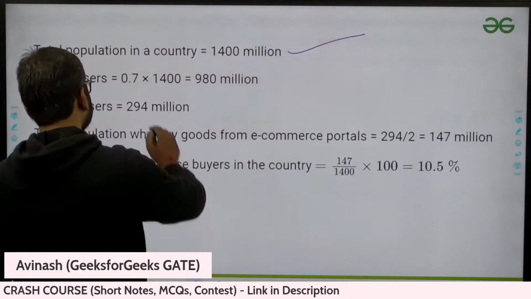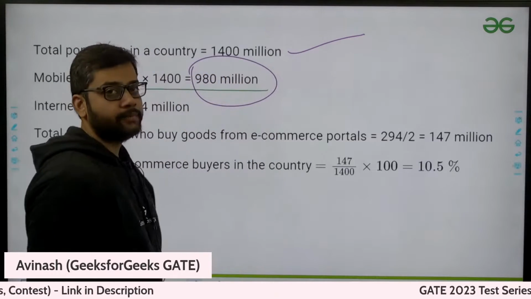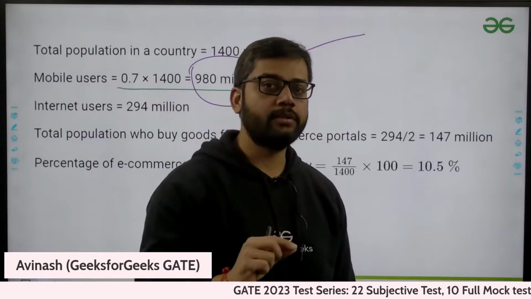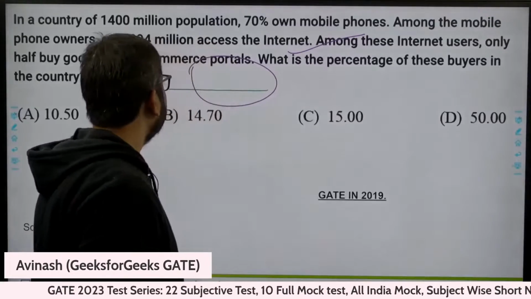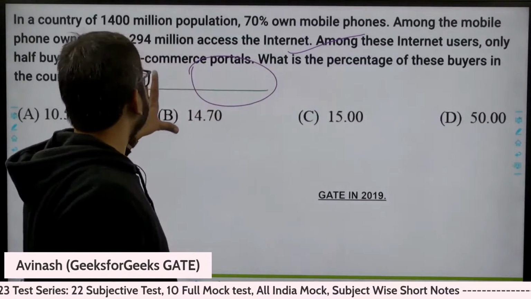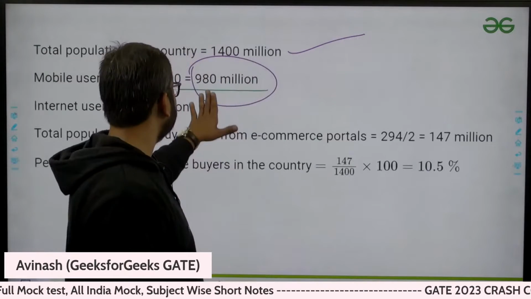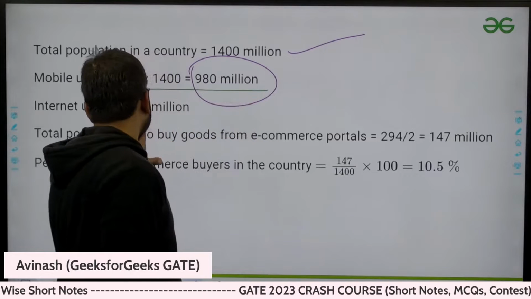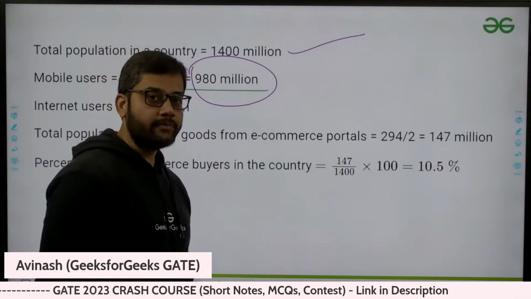This is 980 million people who actually own a mobile phone out of 1400 million people. Now again they are saying, among the mobile phone owners, only 294 million have access to the internet. So out of the total people who own a mobile phone, 294 million are there having the internet.